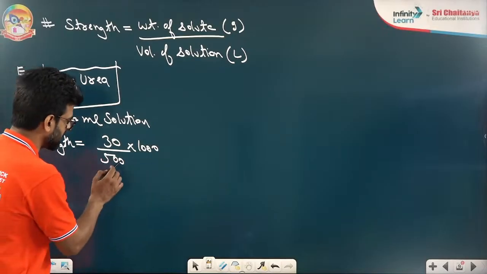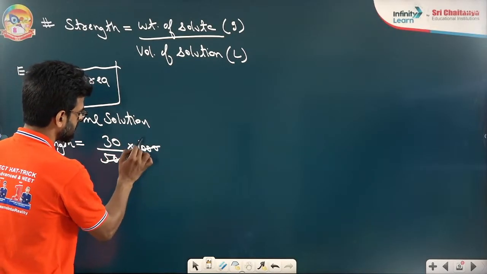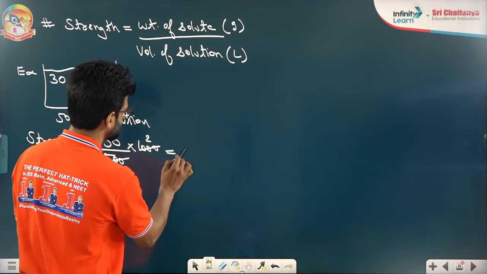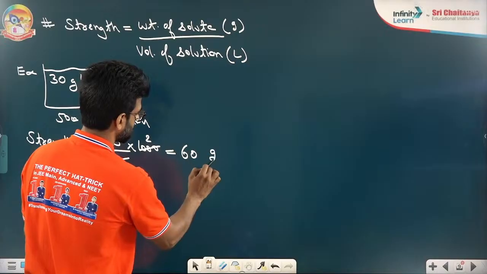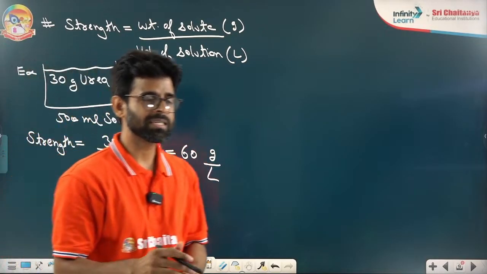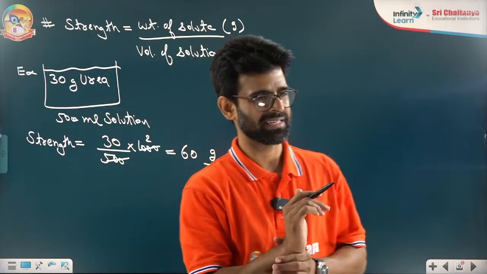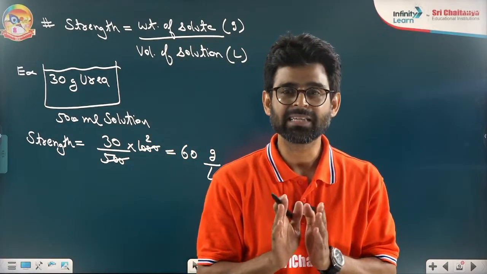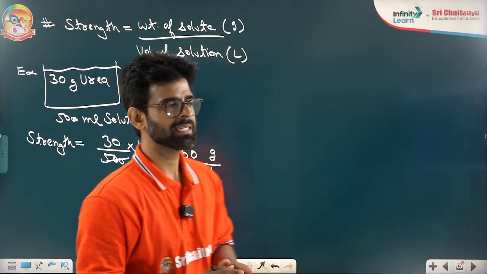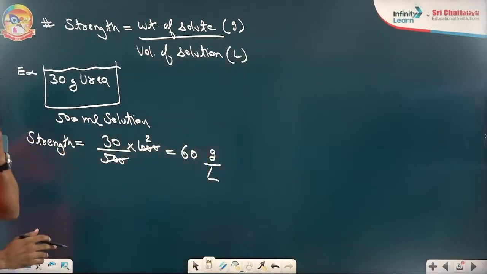So what's coming from here? If you solve, this 2 is coming. It's better. What is coming from here? 60. It is 60 gram per liter. In the most easy question, many of you made a mistake. Who will convert the given volume into liter, beta? You will convert, na? 60 is coming, right?